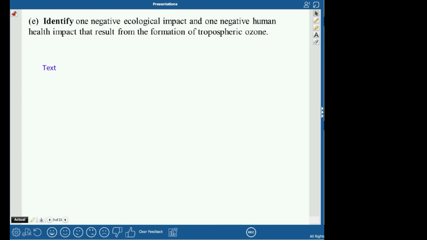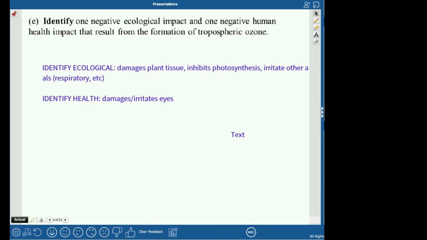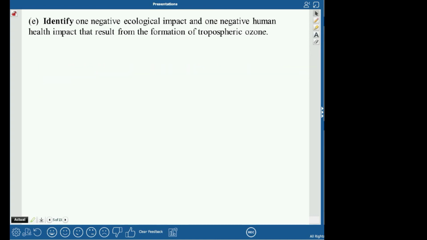Okay, and then it does say... where'd it go? Oh dear.